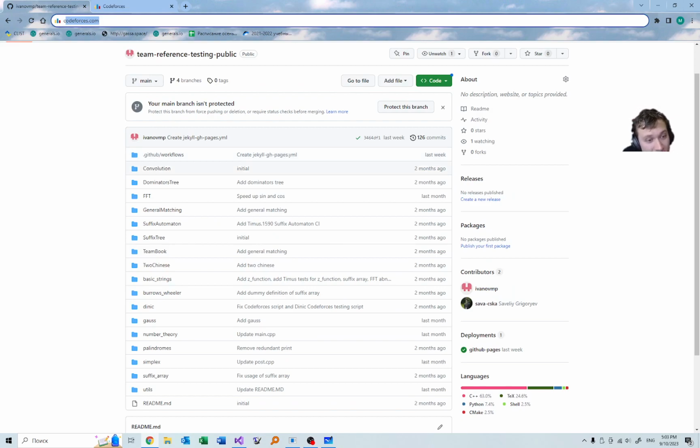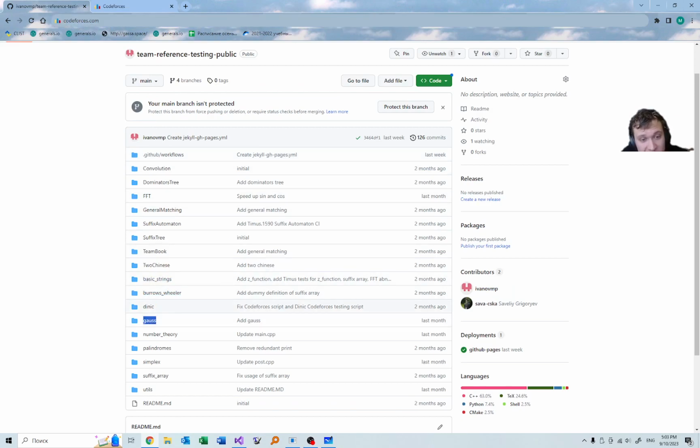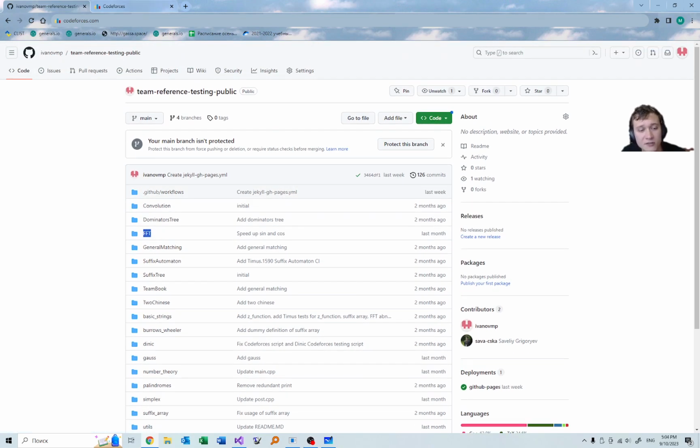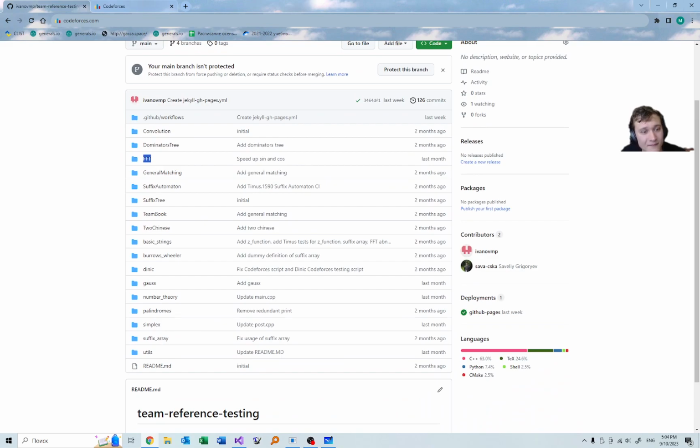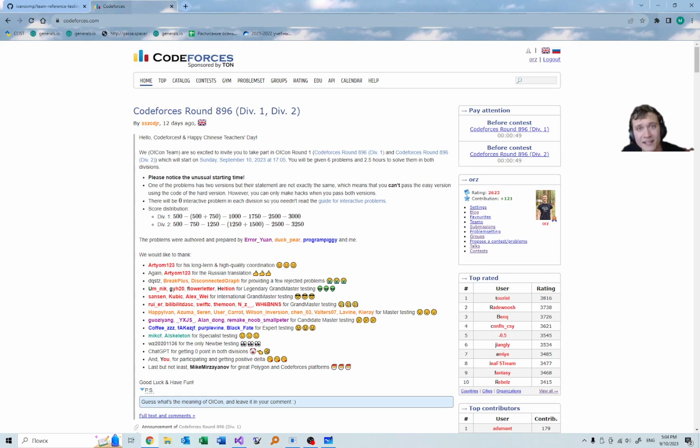But if we need, for example, Gauss or Dinitz, then I can copy paste. Or FFT. FFT is very thoroughly tested in this repository. Suffix array kinda tested. There are several number theory algorithms. Like if you have a formal power series, I can take a cosine of it. No joke.